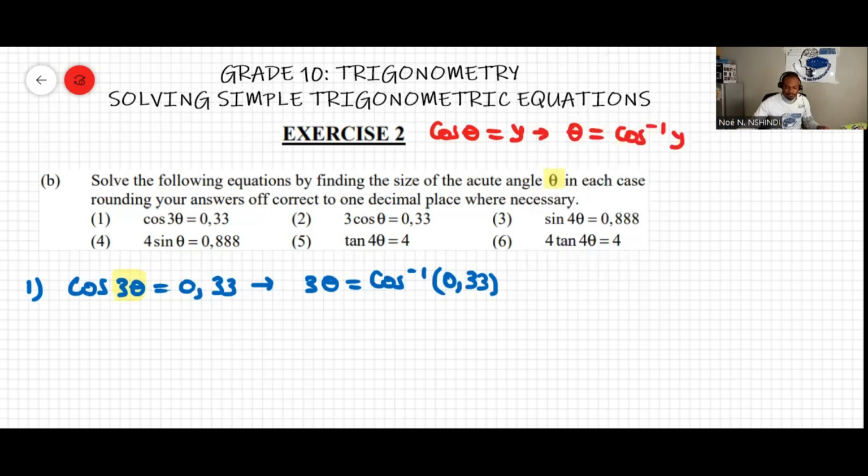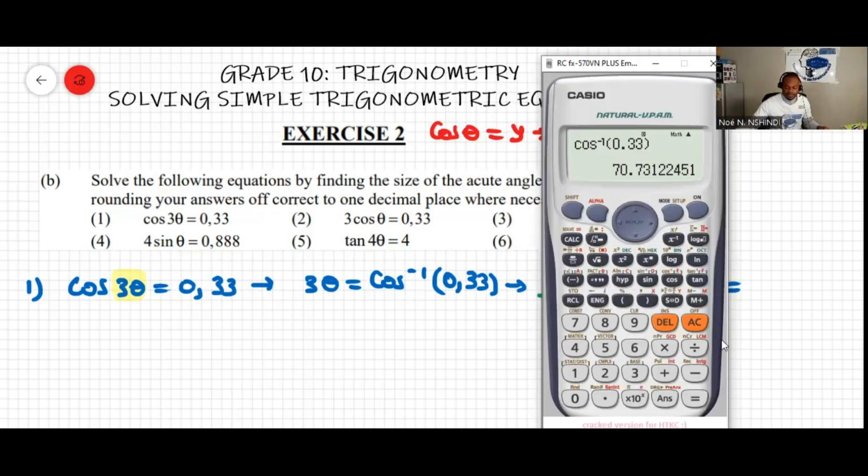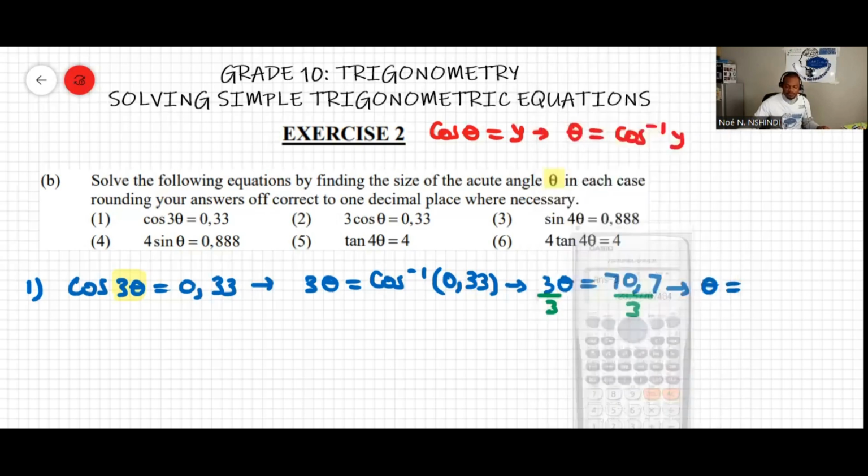That means 3 theta equals 70.7. Now, to get the value of theta, I divide both sides by 3, and we get theta equal to 23.57. We round to one decimal place, which makes it 23.6.